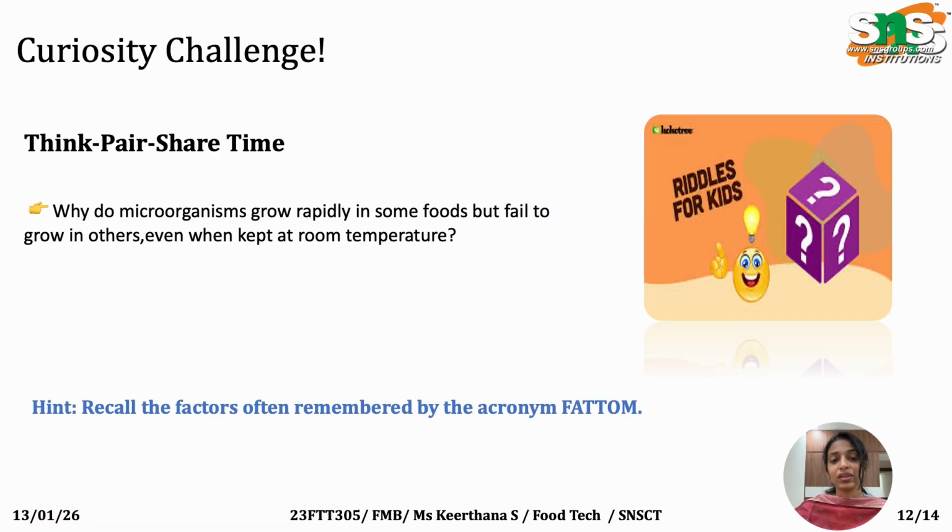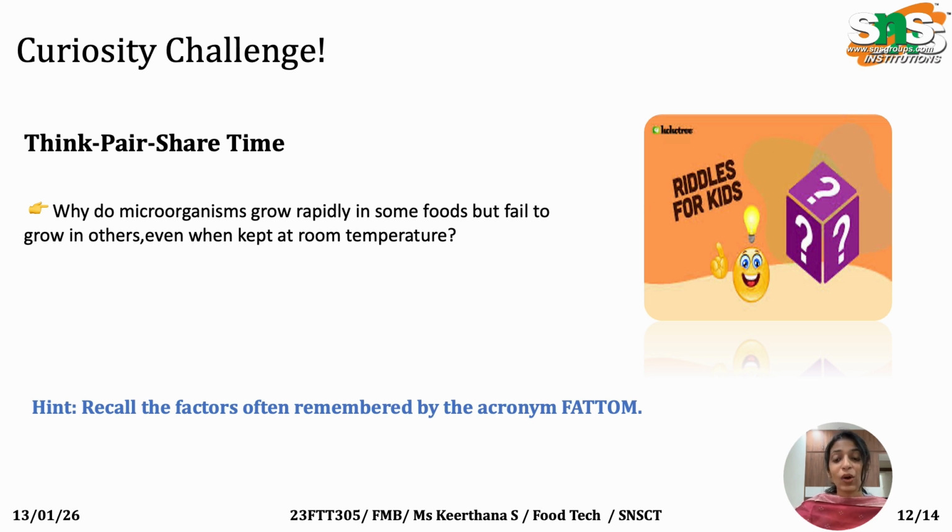And then we have the curiosity challenge moment. Why do microorganisms grow rapidly in some foods but fail to grow in others, even when kept at room temperature? Recall the factors often remembered by the acronym FATTOM. So, let's take jam as an example.